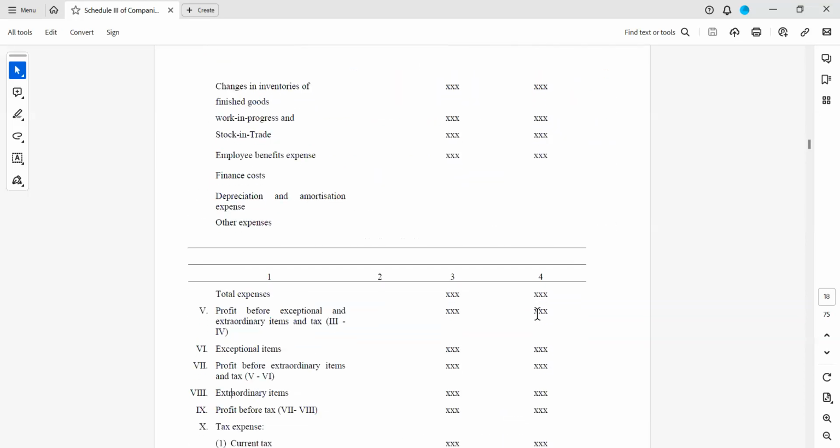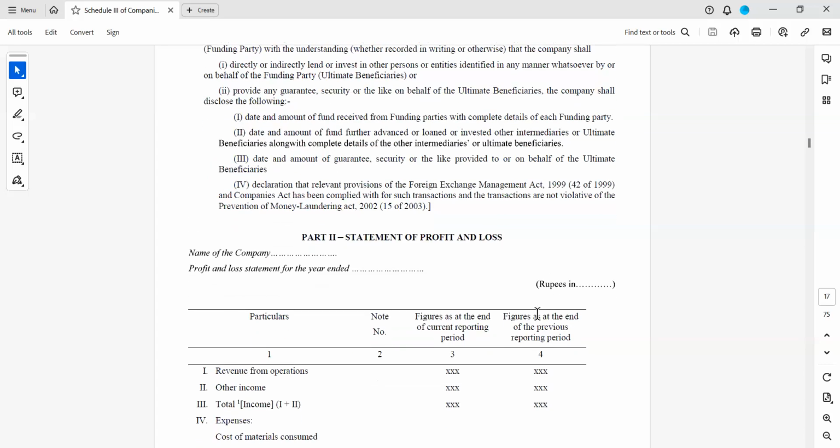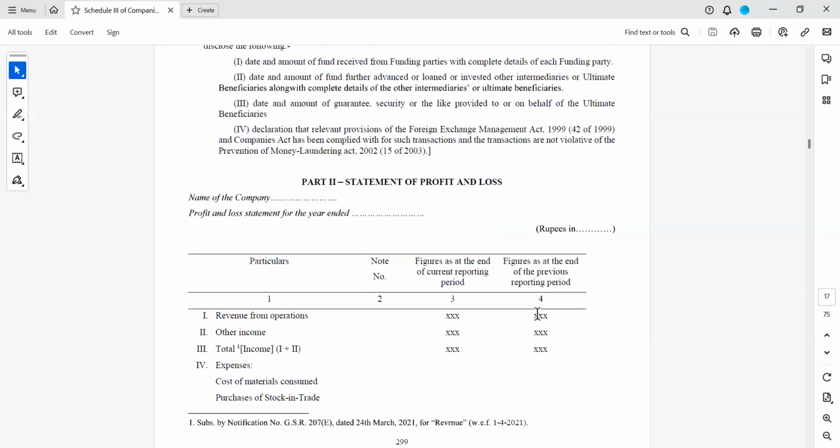As per mandate, we have to give previous year figures also. So for P&L also it will continue. And as we told earlier, whatever denomination we are following, hundreds or thousands, the same thing has to be followed throughout the financials.